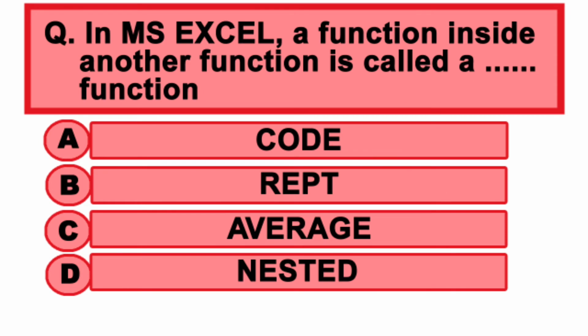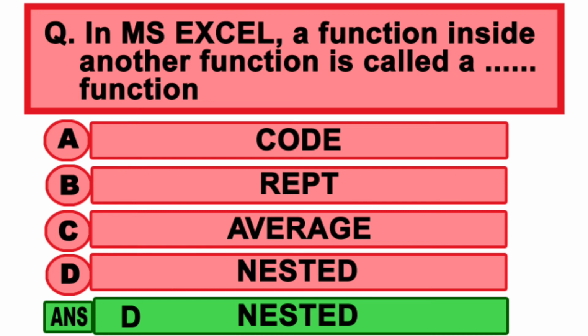In MS Excel, a function inside another function is called a dash function. The options are A. Code, B. Repeat, C. Average, D. Nested. Let's see the options in detail. The Excel code function returns a numeric code for a given character. For example, code A returns the code 97. Code Z returns the code 90.